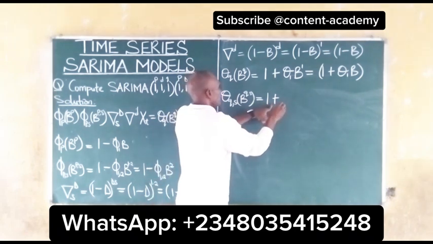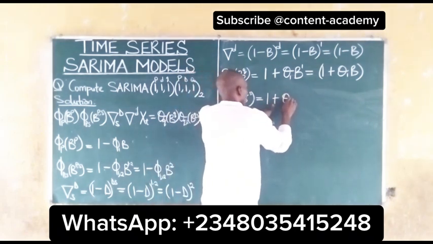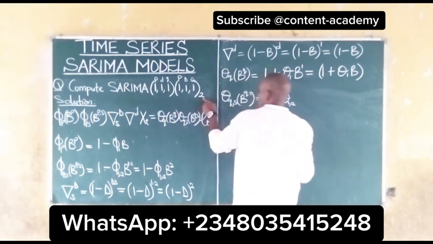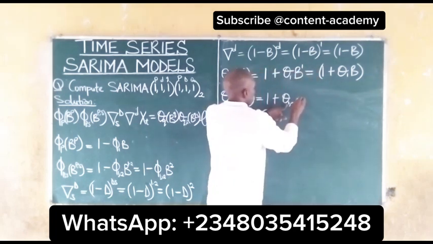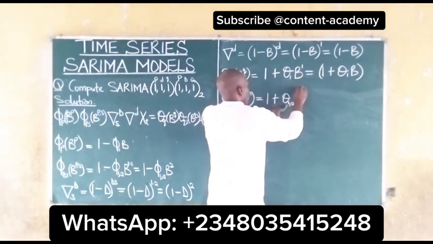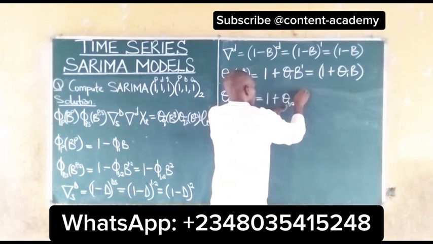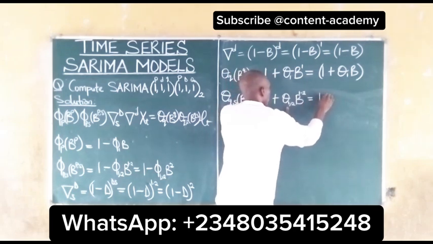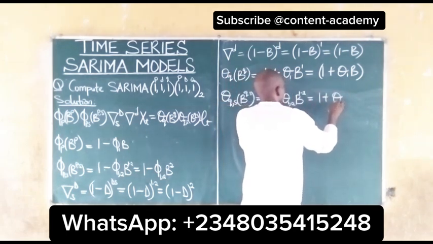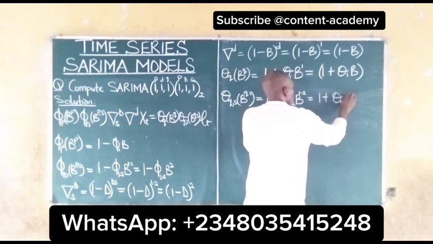Now, the one with seasonality is theta 1 comma s, where s is 2, which is our seasonality. Now, we have B raised to 1 multiplied by s, which is 2, written as 1 plus theta 1,2 B squared.